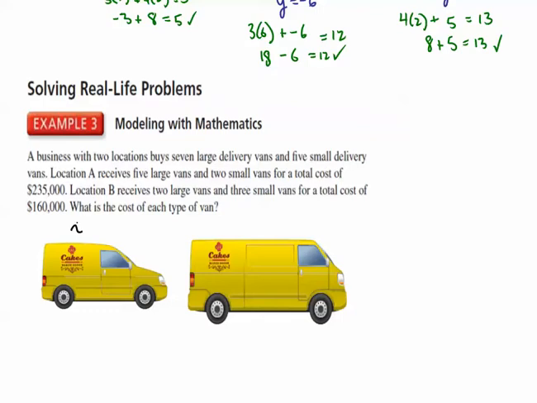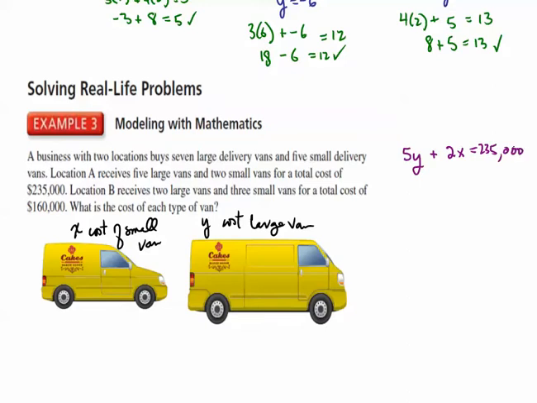So we'll let X be the cost of a small van, Y be the cost of a large van. All right, so we know that location A buys 5 large vans, so that would be 5 times the cost of the large vans, and 2 small vans, and their total cost is $235,000.